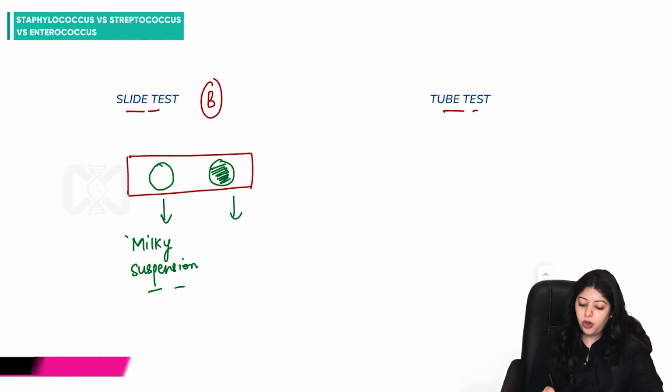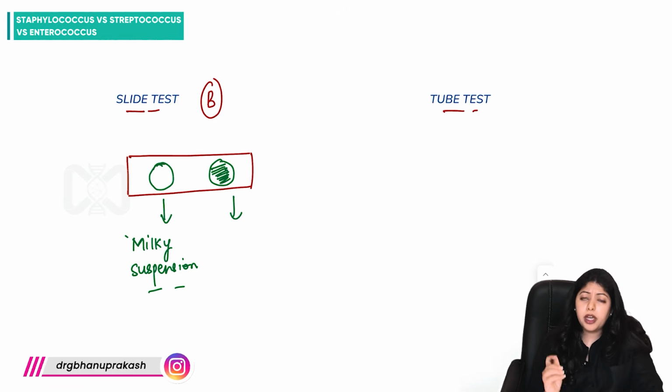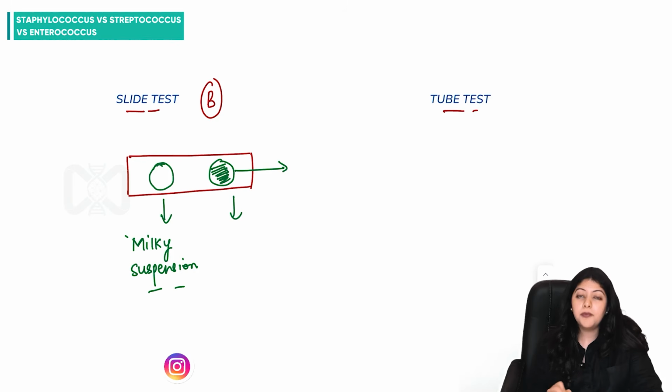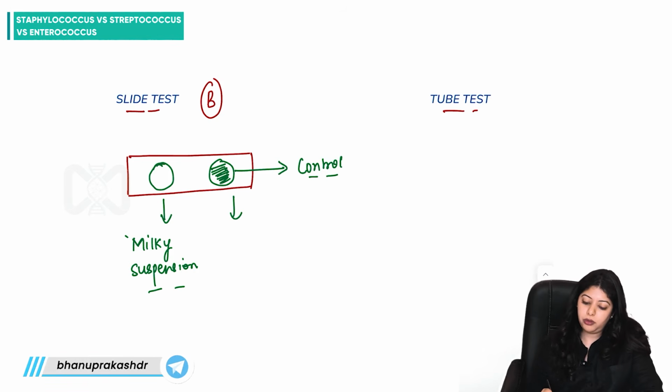So why are we considering two circles, but we have to test only one test organism? It is the control, right?